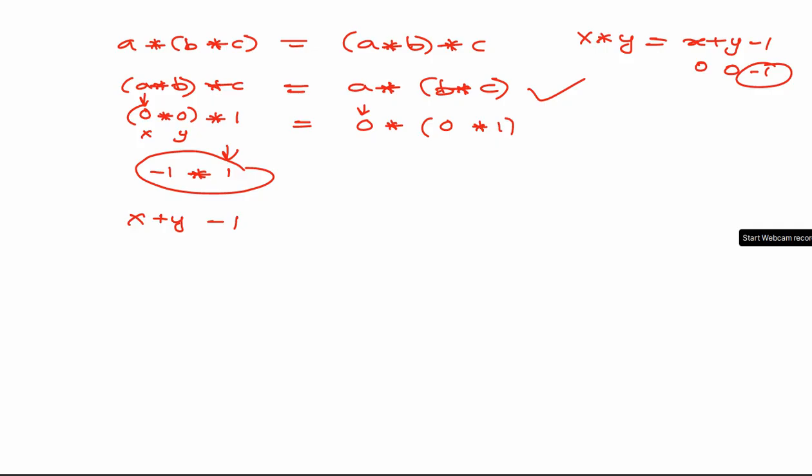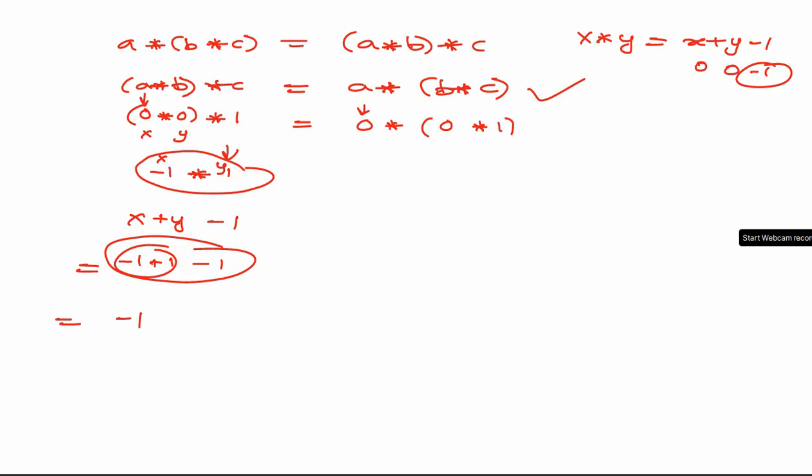Where there is x we put -1, and where there is y we put 1 minus 1. When you answer this, because this is 0, we are going to have -1 as our answer.